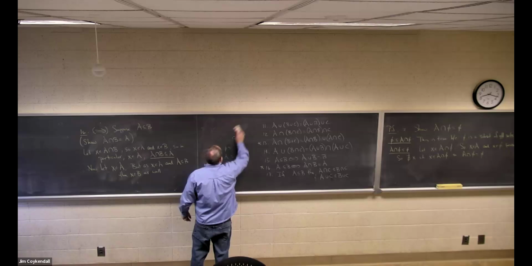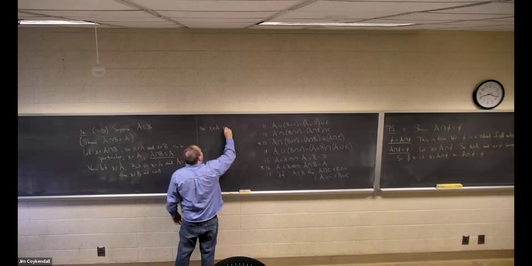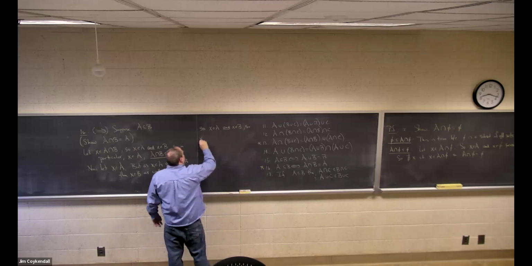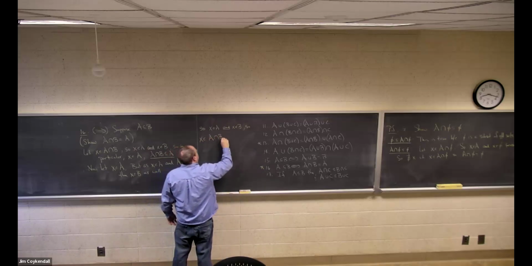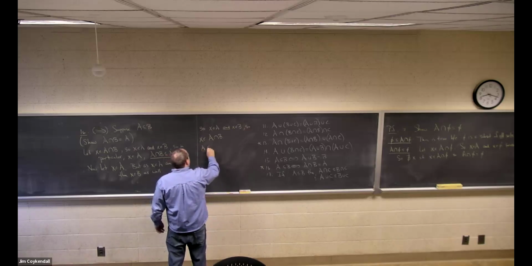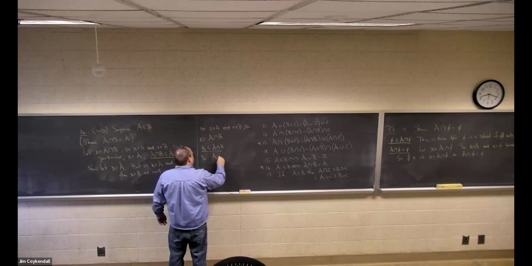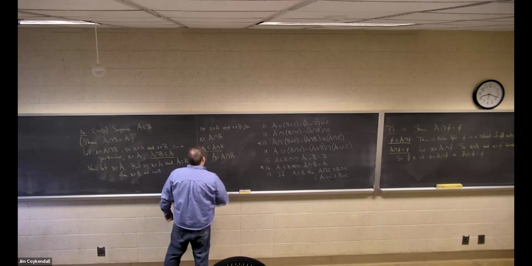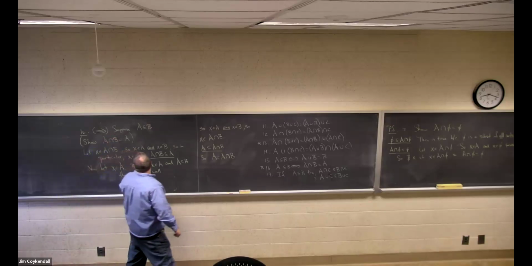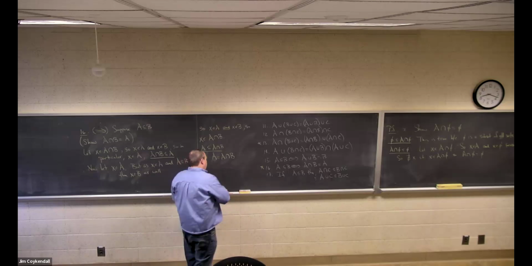So my conclusion: X is in A and X is in B, so X is in A intersect B. So now we've shown that A is contained in A intersect B. So if A is contained in B, we've shown that A and A intersect B are the same. Agree? Now we've got to do it the other way.